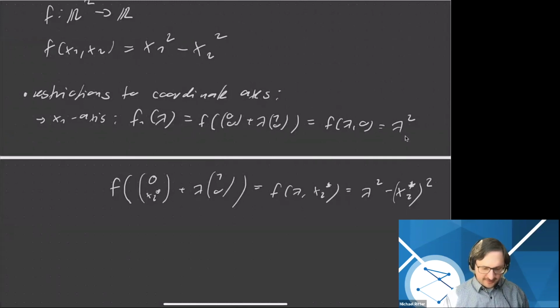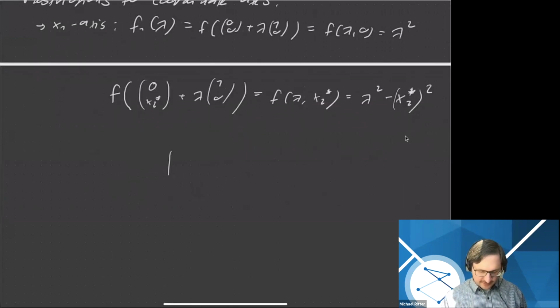Okay, so basically the graph looks a little like this. Let's have a quick look at that. So the graph of that function f1 basically is this parabola here. Okay, so that's f1, and this here is the x1 axis.